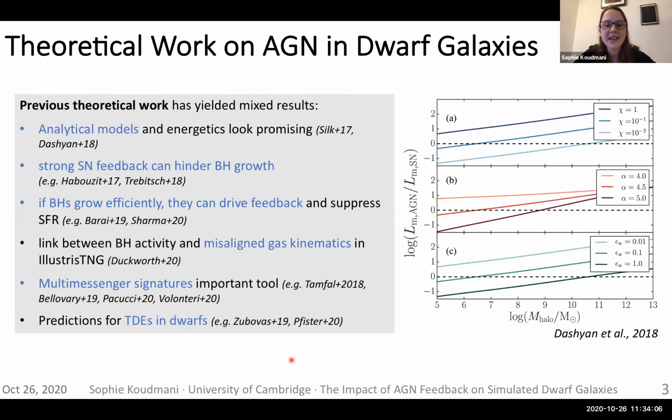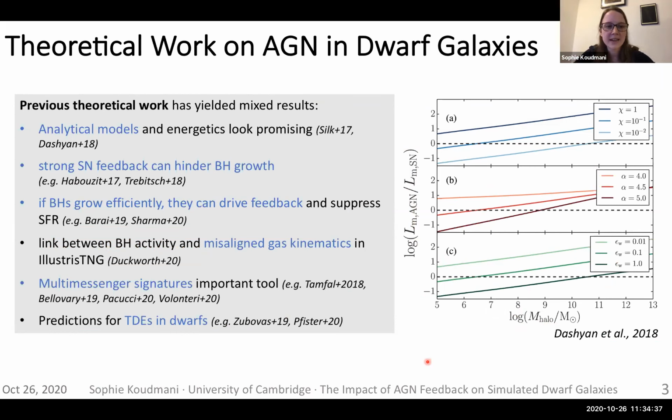All of these very interesting and tantalizing observational studies have motivated theorists to look into this largely unexplored regime of AGN feedback at the low mass end. Analytical models and the general AGN energetics actually look pretty promising, as you can see here in this plot by Dashyan et al. 2018. For most of the parameter space, AGN feedback should be more efficient than supernova feedback in driving the gas out of dwarfs.